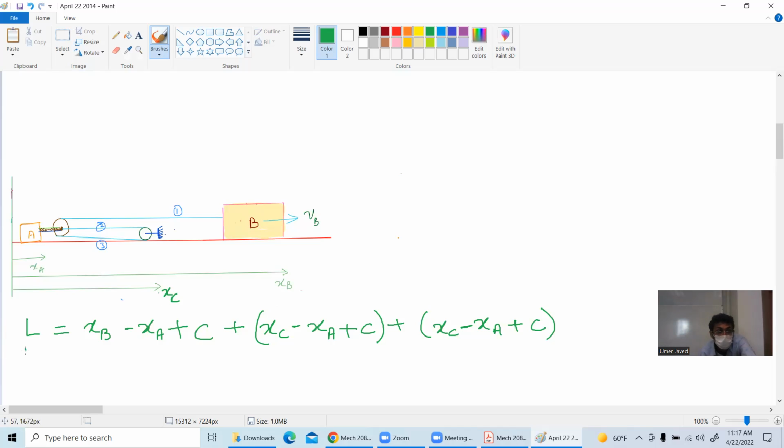That's why I said your answer is so right, because now if you take dL over dt equal to 0, you will see it comes out to be x dot B minus x dot A plus... Why are we not adding 2 pi r over 2 in this case? 1 minute.